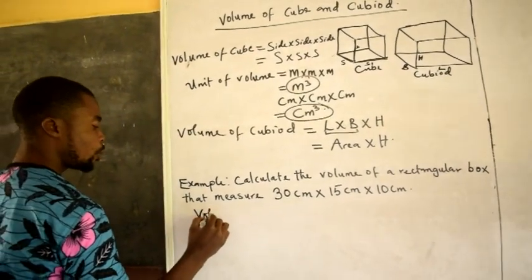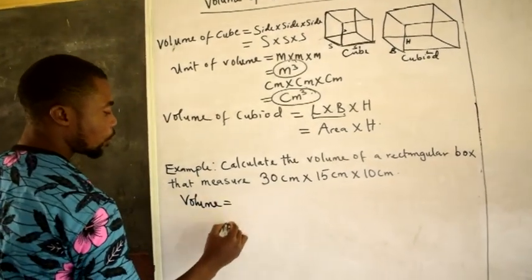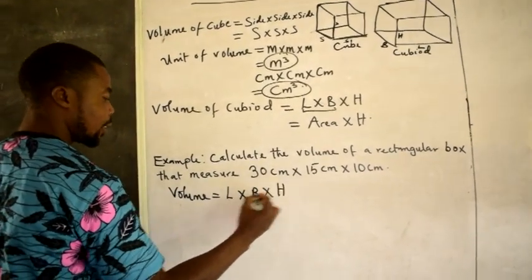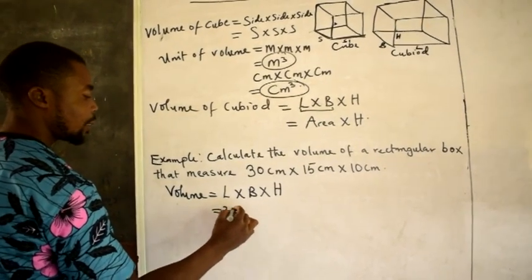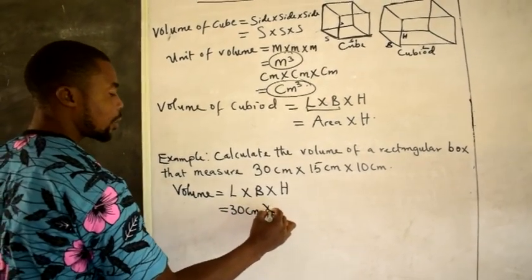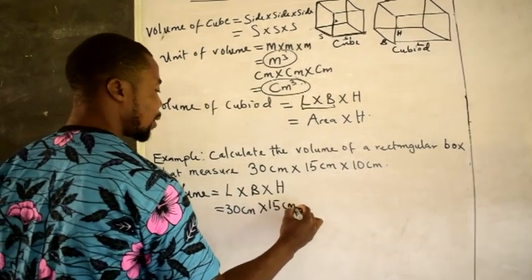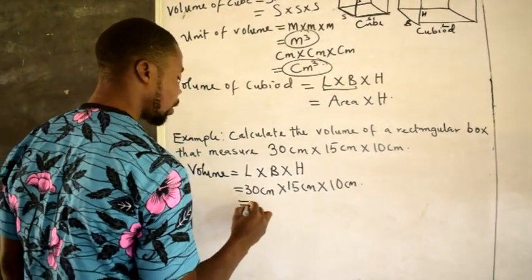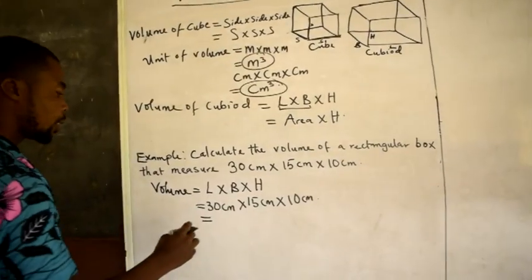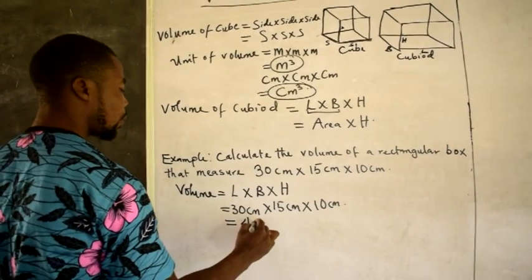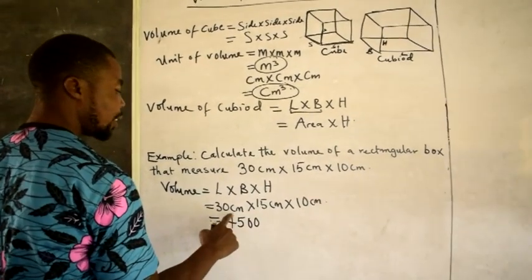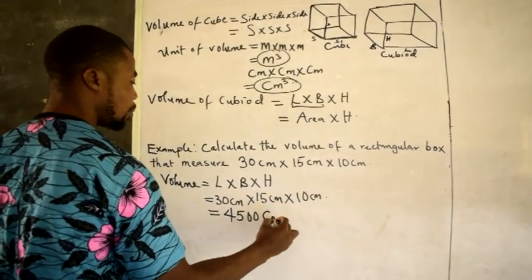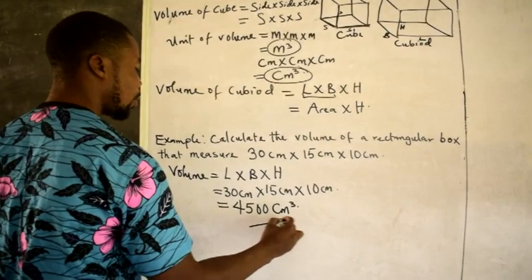Now, the formula for volume is length times breadth times height, which is 30 centimeters times 15 centimeters times 10 centimeters. You multiply it together, you get 4,500, and the unit centimeter times centimeter times centimeter gives us centimeter cubed. That's our final answer.